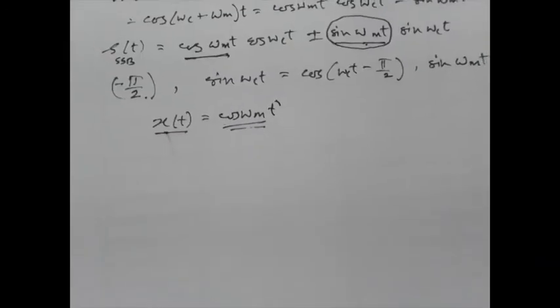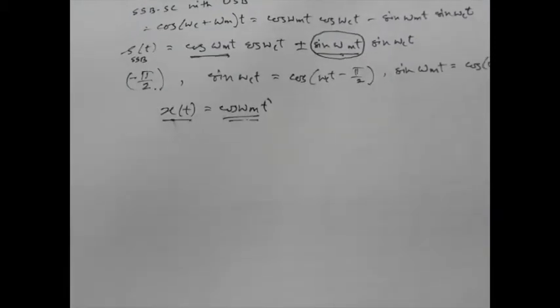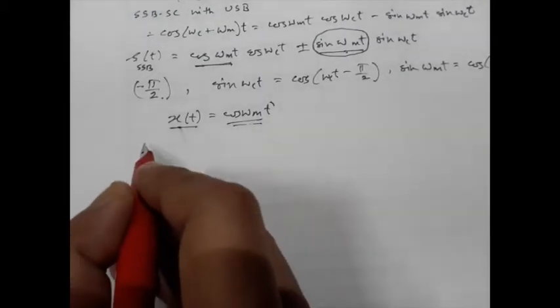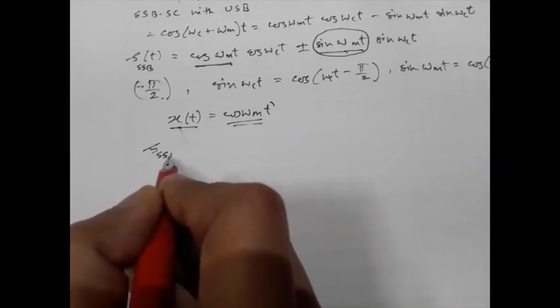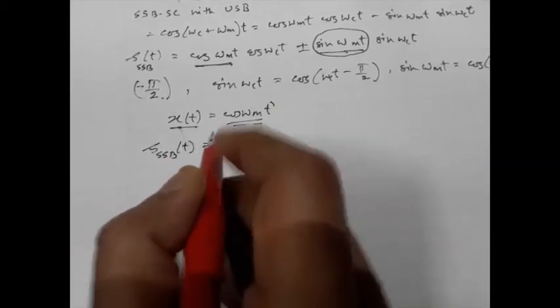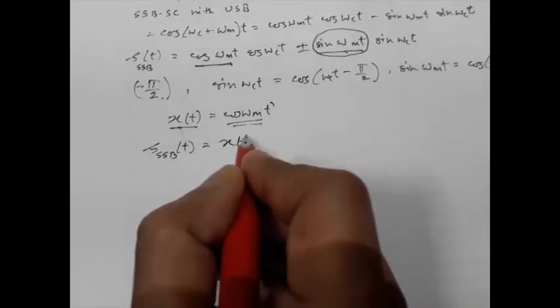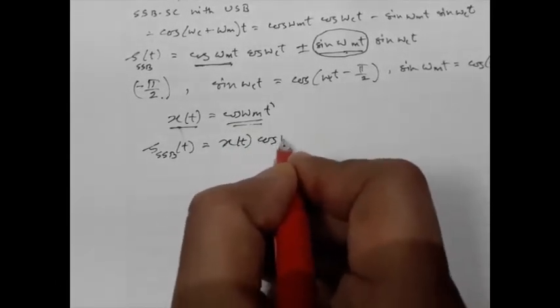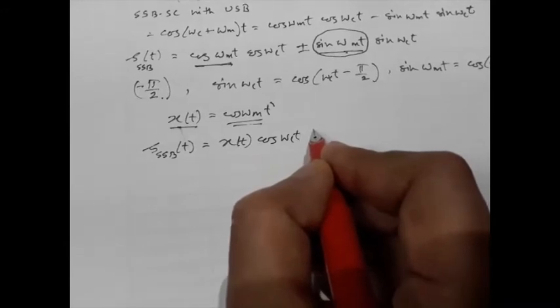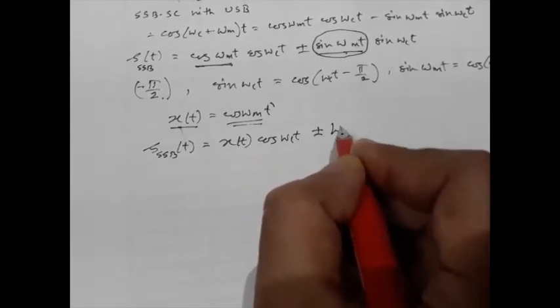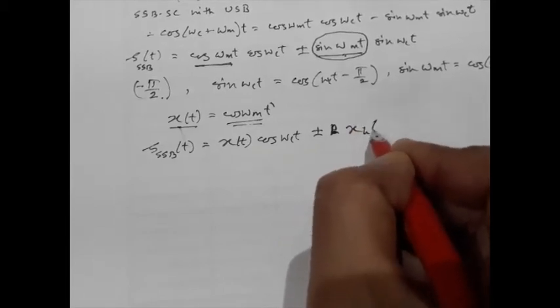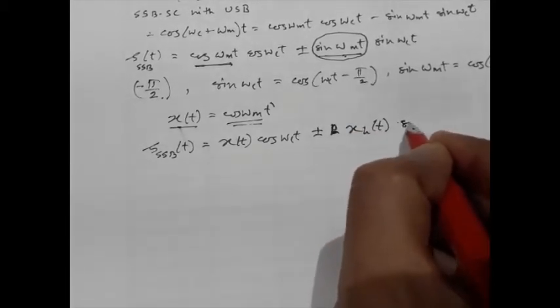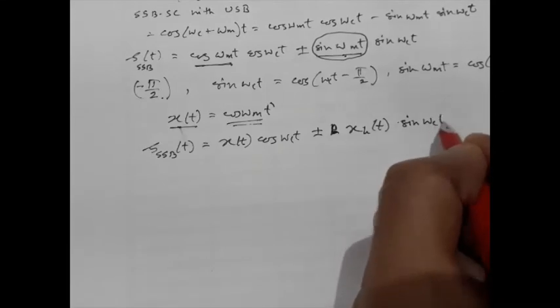So we can write SSB equal to general expression cos omega ct plus minus xht sin omega ct.